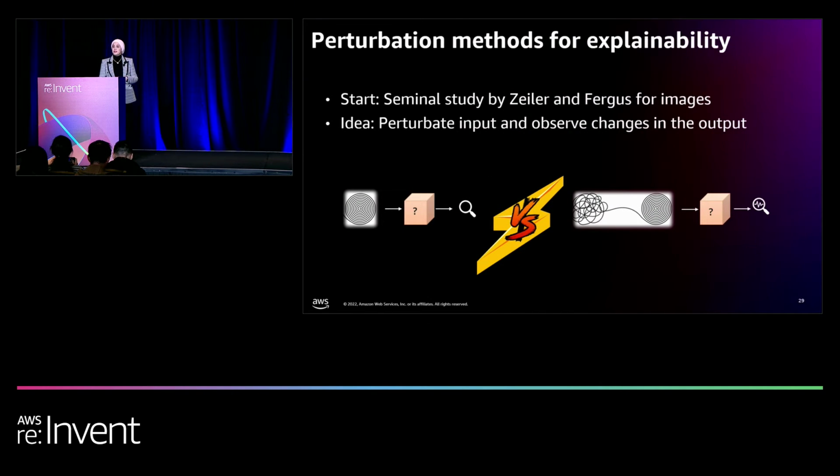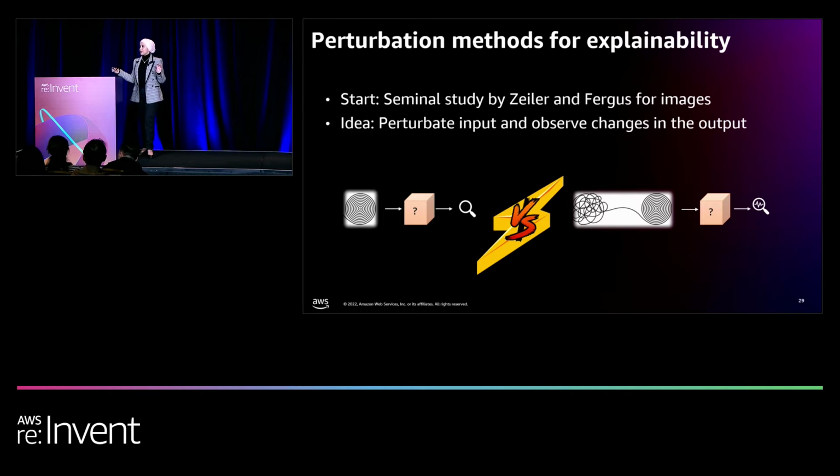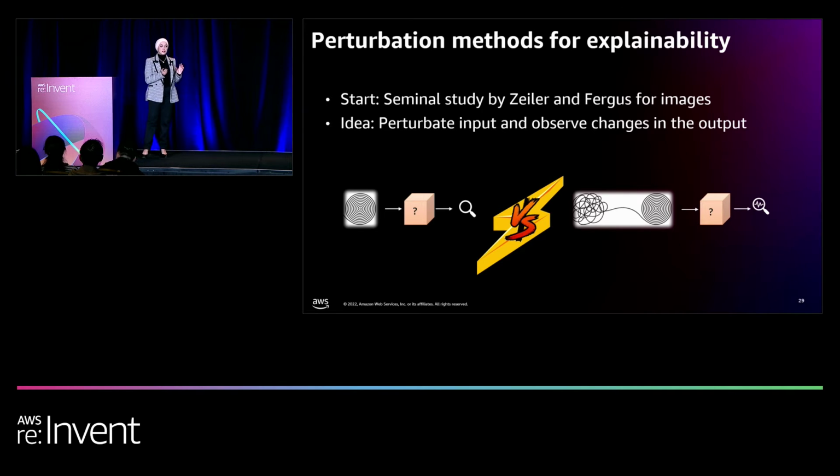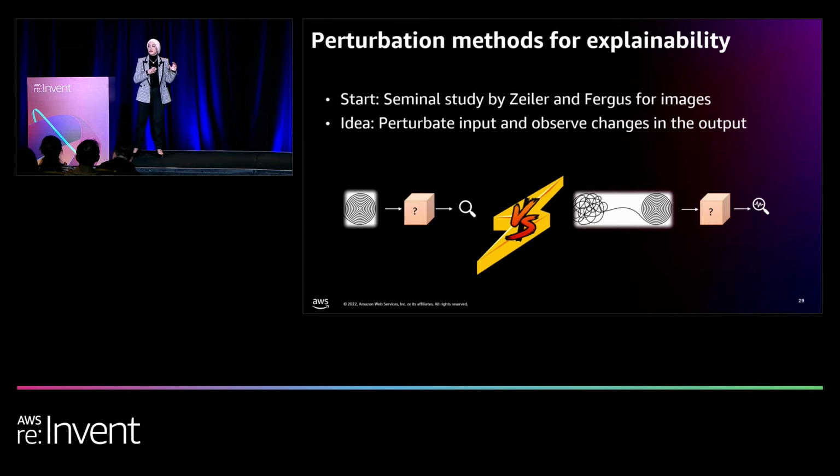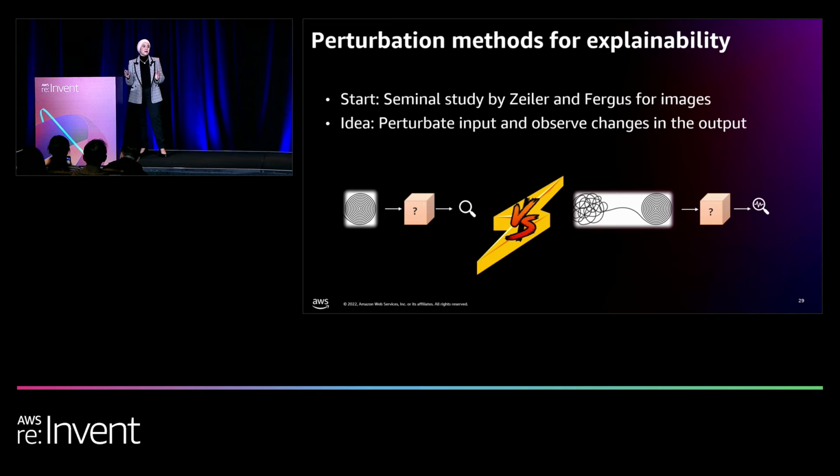So perturbation was first raised by the work of Taylor and Cyrus, who worked on the perturbation of certain images where they applied gray masks on the images, and this gave an output. What Cyrus was describing before is this image of a face that can help us with face recognition. We can start applying gray masks on certain places of the face and see how this impacts the output of a black box model.